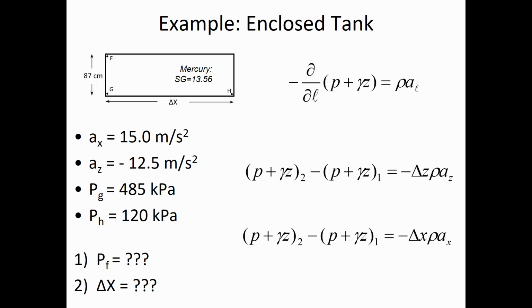It's accelerating downward at 12.5 meters per second squared. What's g? How many meters per second squared is g? 9.81.